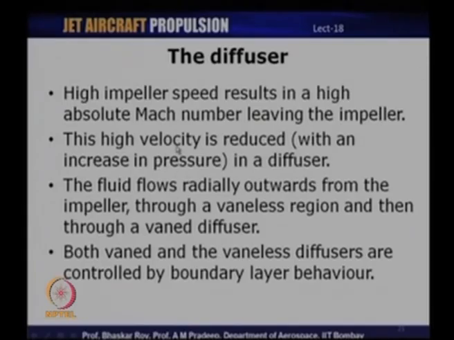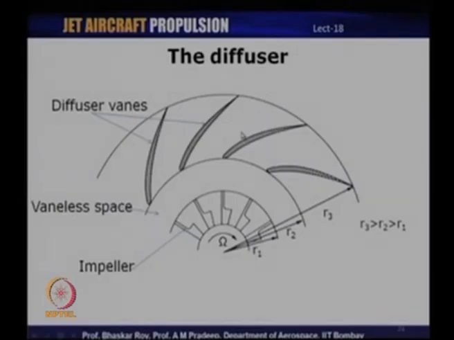This can be decelerated with an increase in pressure in the diffuser. The fluid usually flows through a vaneless region and then through a vaned diffuser, and of course, the performance of the diffuser is highly sensitive to the boundary layer behavior, which means that it can be affected substantially by boundary layer separation.